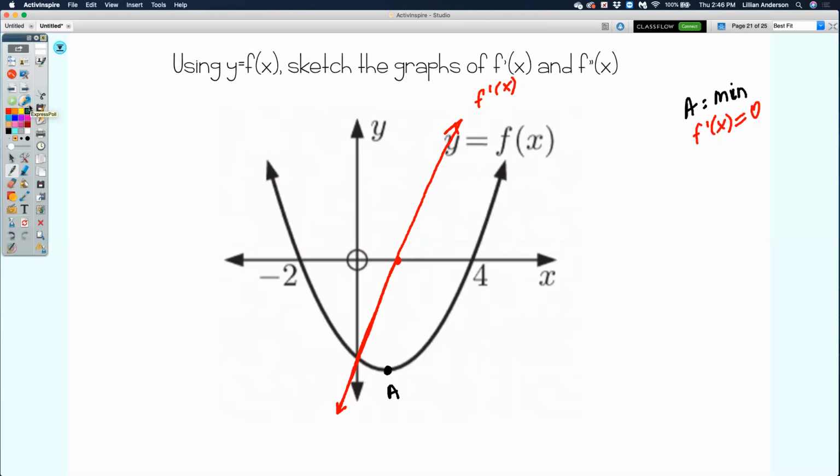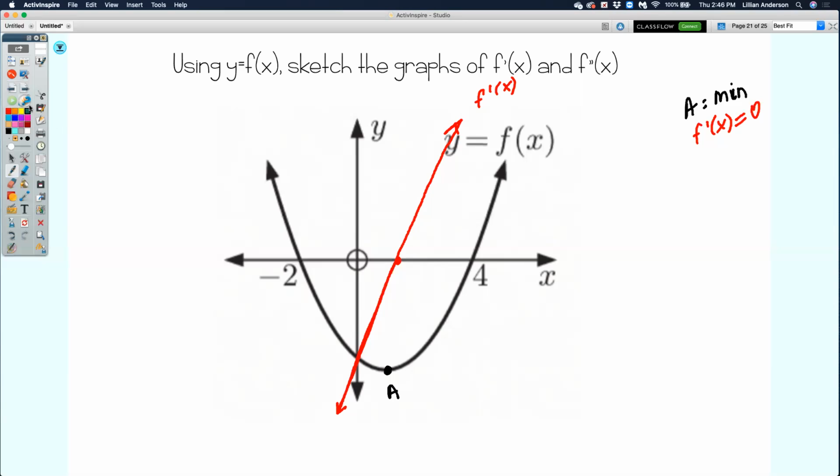Now, when we look at our original function, do you see any inflection points? Where it changes from being concave up to concave down or vice versa? No. Concavity is the same.